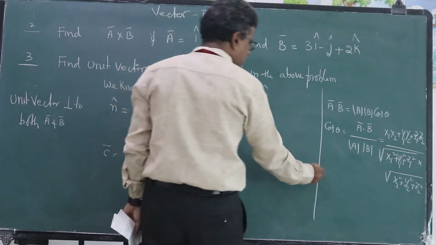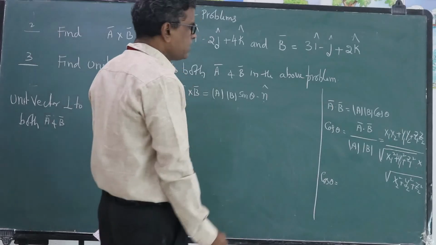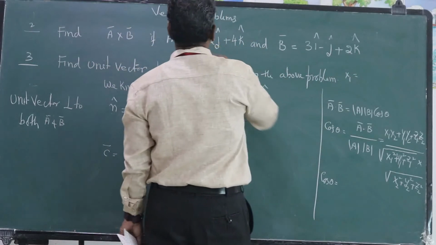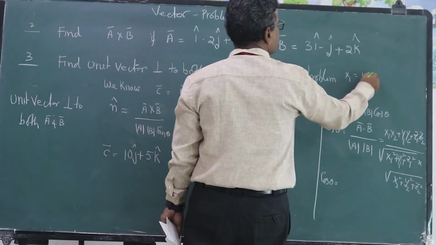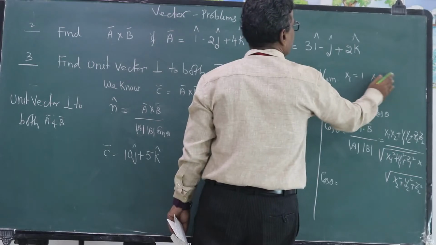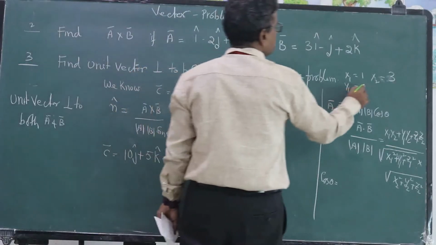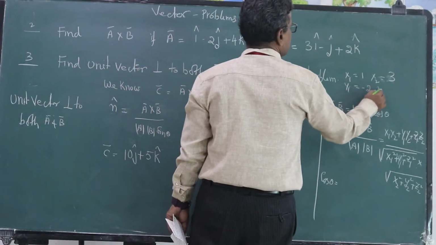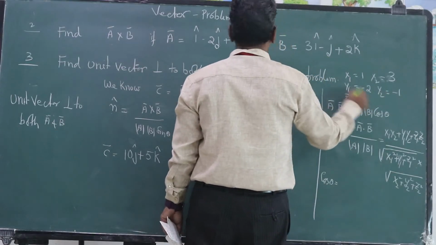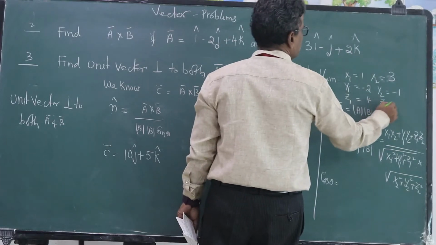So cos theta is equal to x1 x2. What is x1 here? x1 is 1. x2 how much? 3. y1 how much? -2. What is y2? -1. What is z1? 4. What is z2? 2.